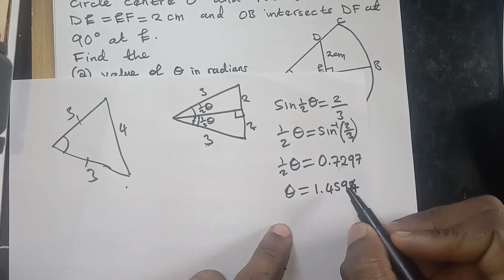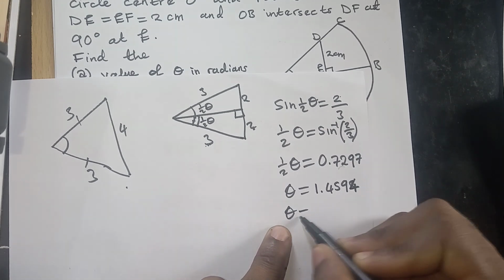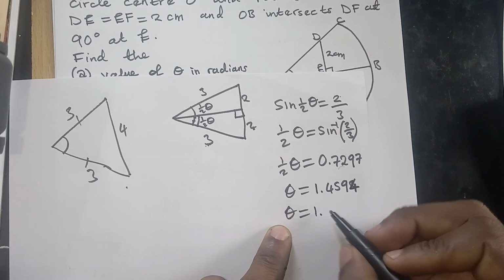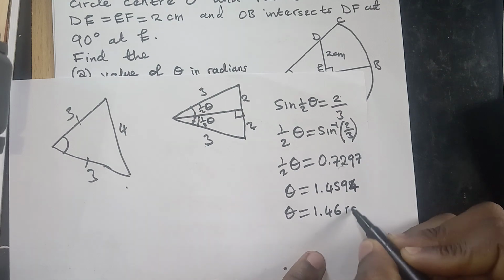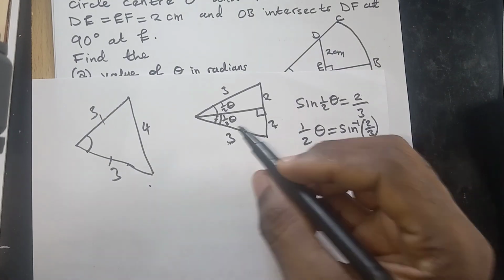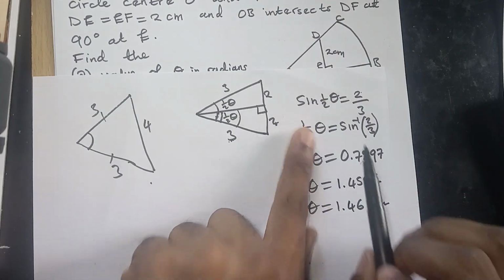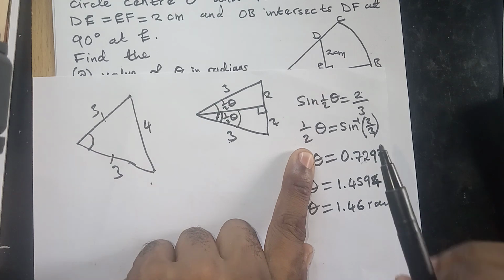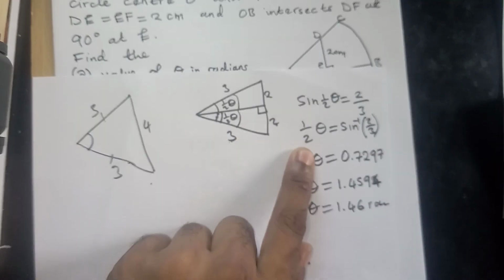And then when you round it off correct to 3 significant figures, this will be 1.46 radians, and you have found your theta. If you want, you can just find half of it without putting a half there. So you get this and then multiply it by 2 to make it up for the other part.